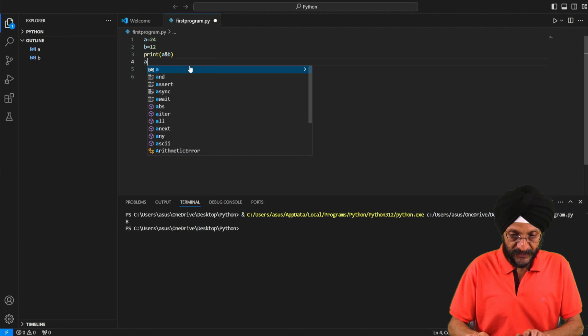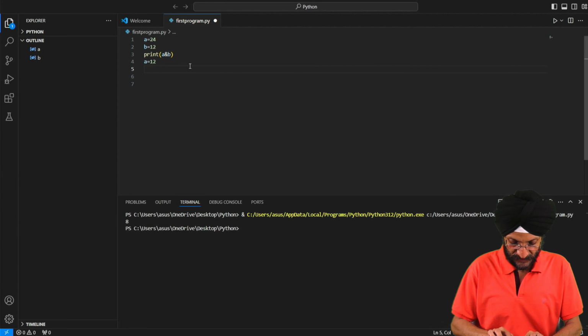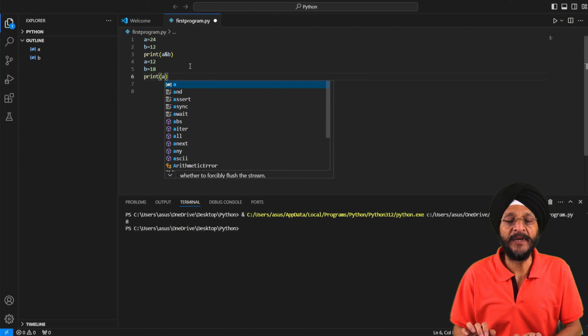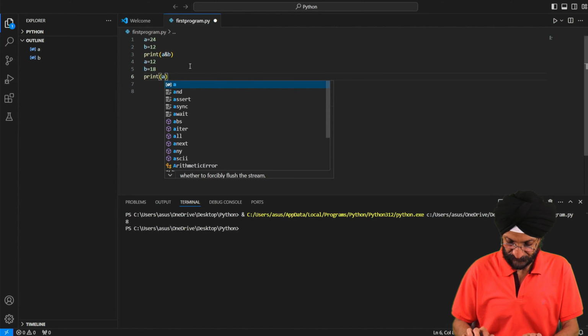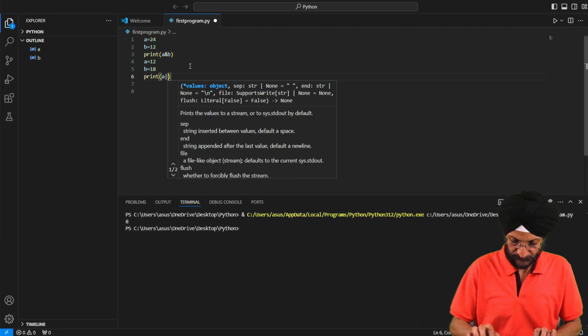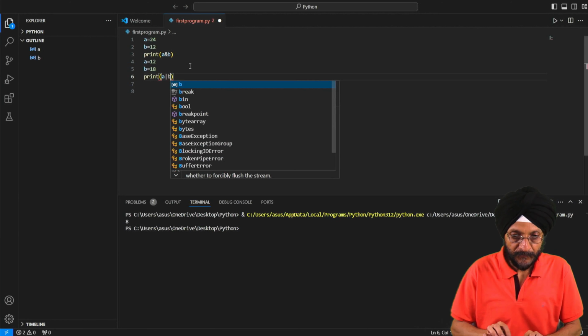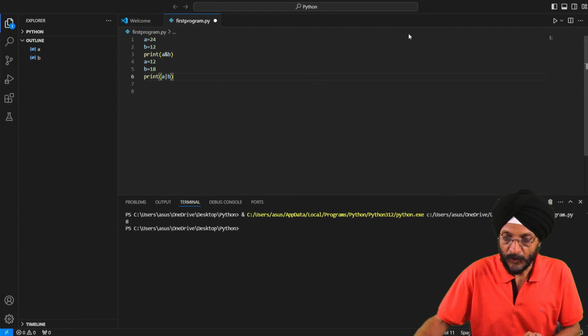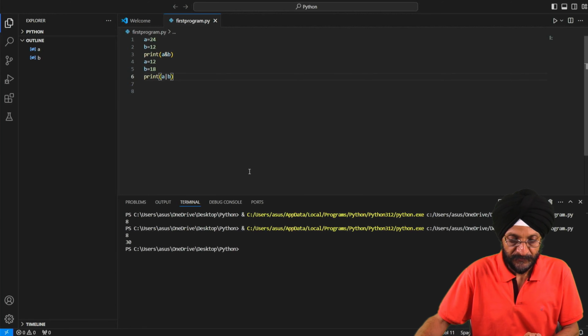Now we write A is equal to 12, B is equal to 18, and again now we use bitwise OR operator. Now we use run again, and here the output is 30.